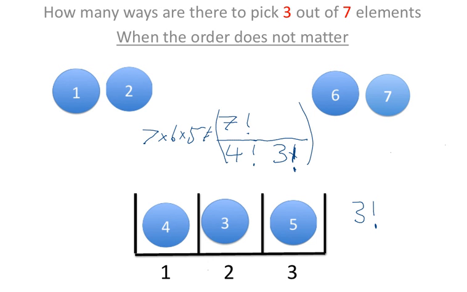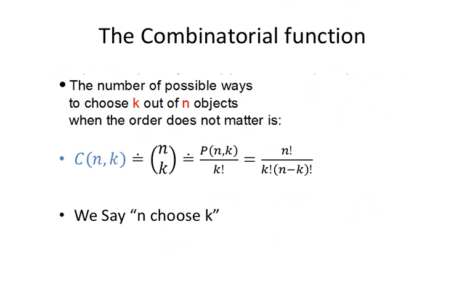Okay, so in more generality, the combinatorial function tells us the number of possible ways to choose k out of n objects when the order does not matter. And the number is C(n,k), that's one way of writing it. A different way is n above k, or n choose k.